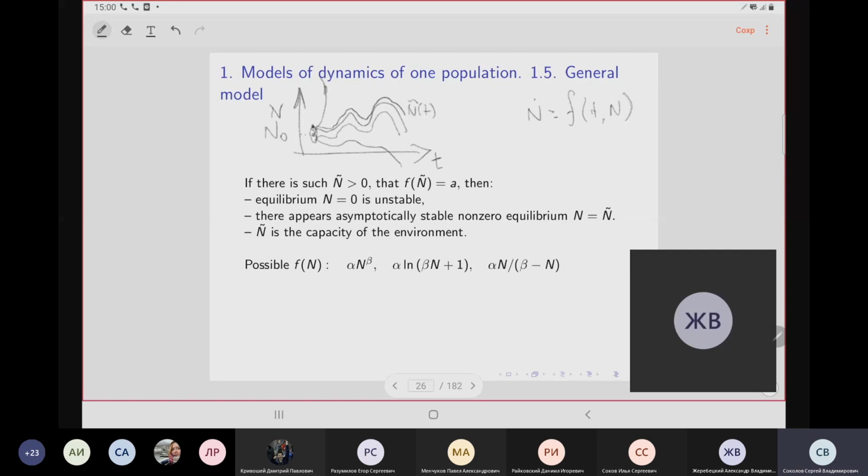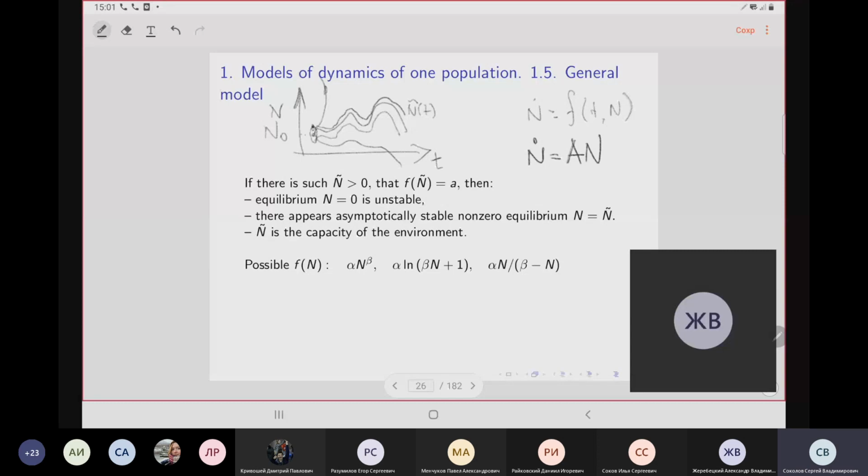What about the analysis? The simplest analysis is linearization.